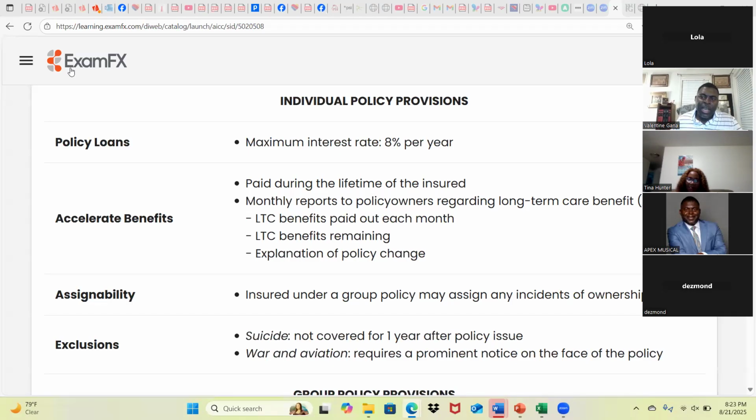I have an aunt in Chicago. I encouraged the kids to get a policy for their mom. They got a policy for their mom in 2001. They thought it was too expensive.